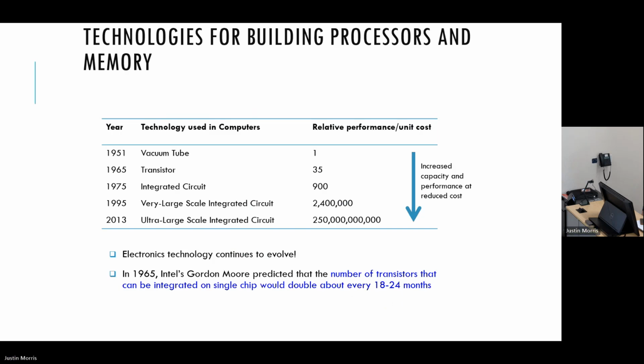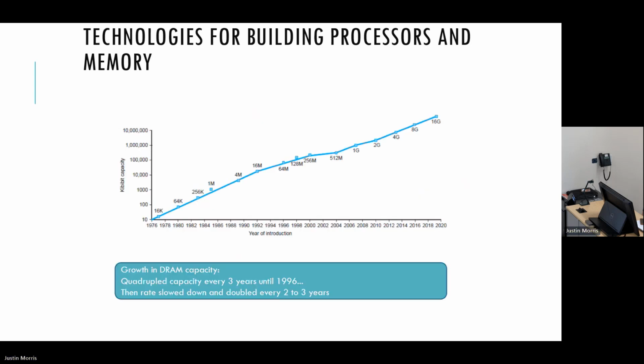All right, so this is just the increased capacity of transistors over time. This was Moore's law, that we would quadruple capacity every 3 years, or really the main thing he was saying was double capacity every 1.5 years, but this is the same thing on a longer time scale.